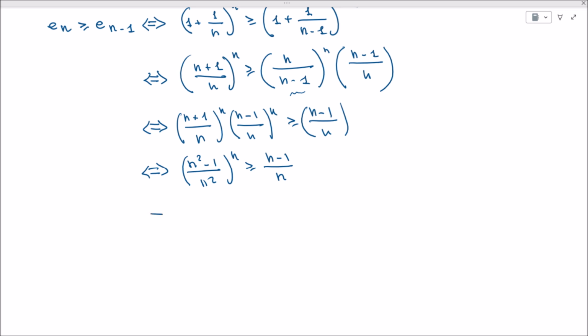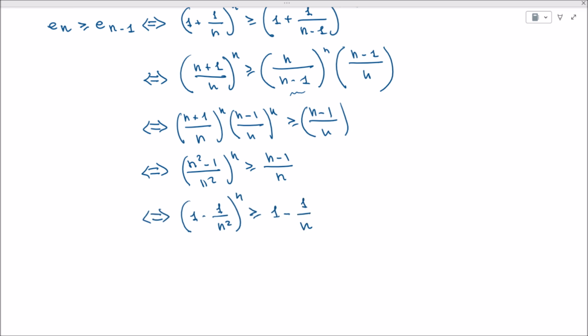But this in turn is just (1 minus 1 over n squared) all to the n, larger than or equal to 1 minus 1 over n.